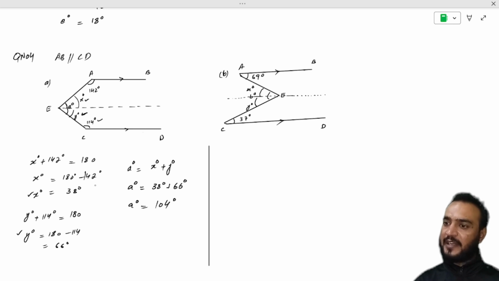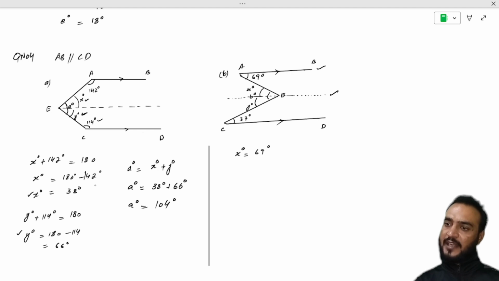The angle B degree will become equal to x degree plus y degree, because we have actually drawn an angle bisector at point E. So angle x degree is the angle which is alternate to 69 degree. So x degree is equal to 69 degree, because this imaginary line at point E is parallel to the line AB.